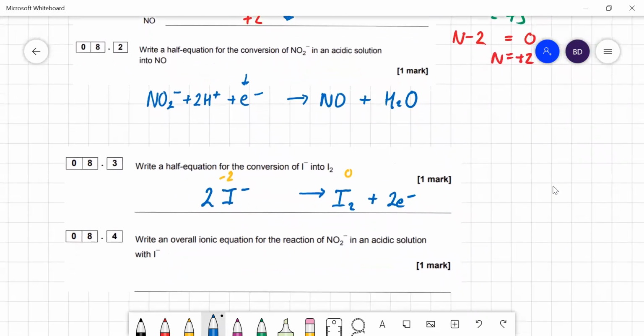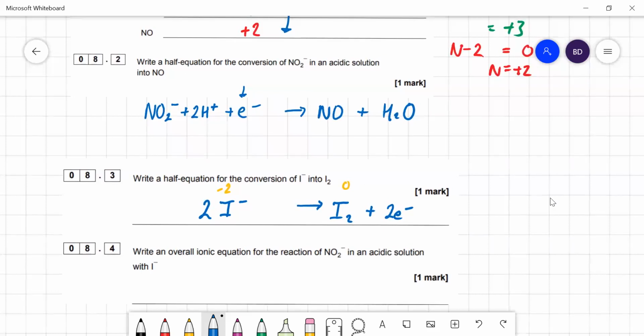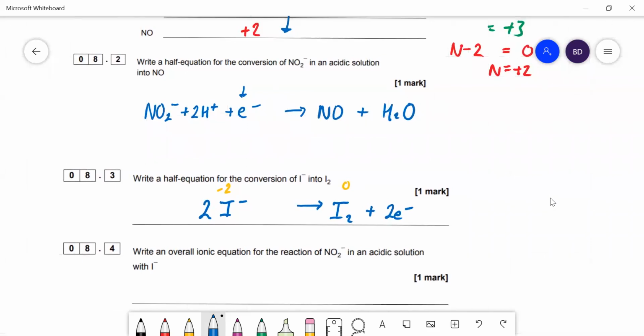Right, write an overall ionic equation for the reaction of NO2 minus in acidic solution with I minus. So we've got to combine these two half equations here. Now the top one is only 1 electron, so we've got to multiply that by 2, so we've got the same number of electrons on both sides. So we are going to get 2 nitrite ions, 4 protons, it's going to be, double it.